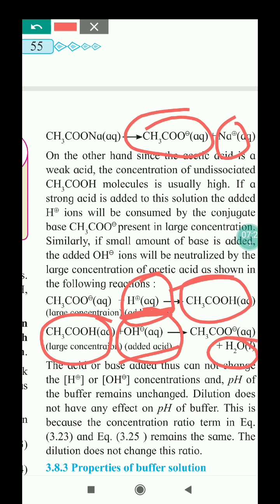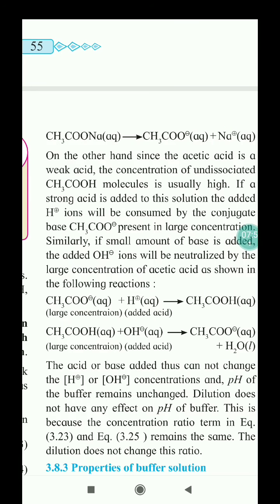In this way, by addition of a small amount of acid or base, that is H+ ion or OH- ion, the pH of the buffer solution remains unchanged. Dilution does not have any effect on pH. This is because of the concentration ratio.